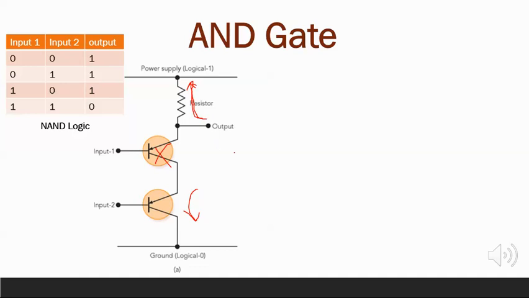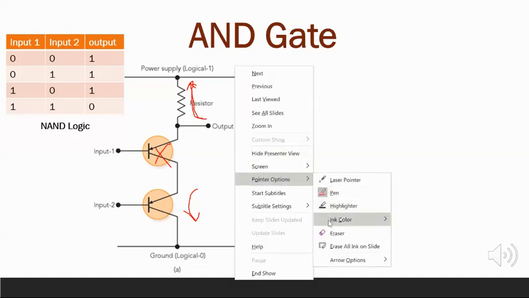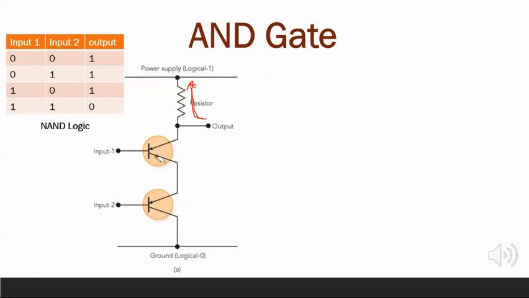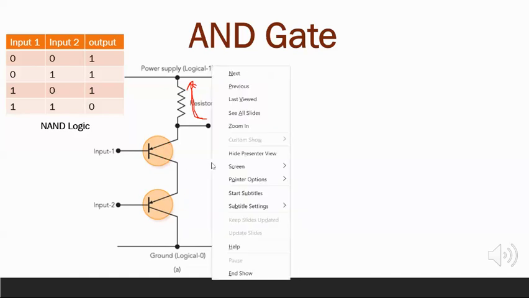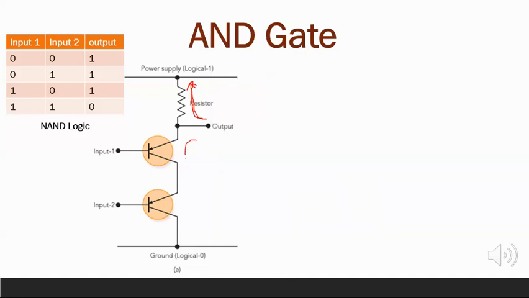When input 1 is at a high level, or input 2 at a low level, the lower transistor is blocking, though the upper transistor is conducting. So the output is still kept at a high level.